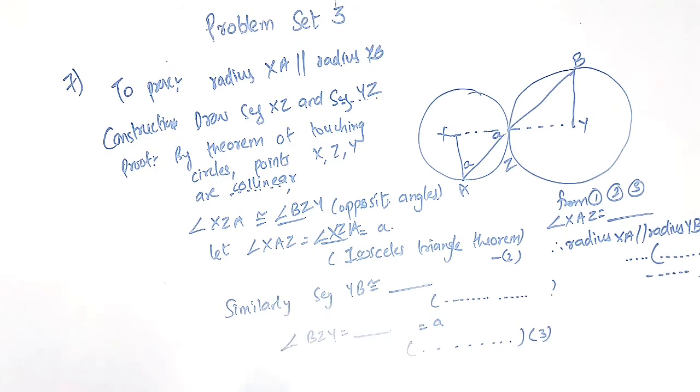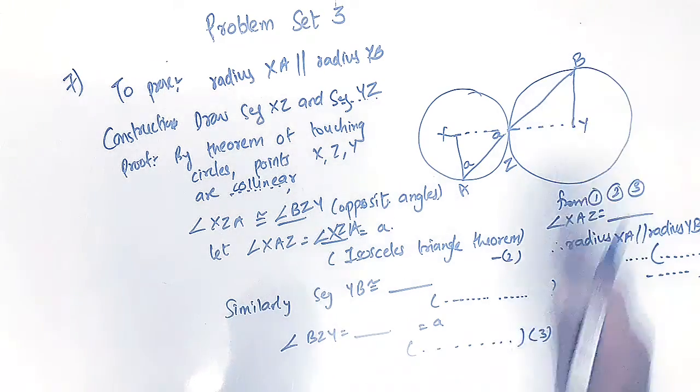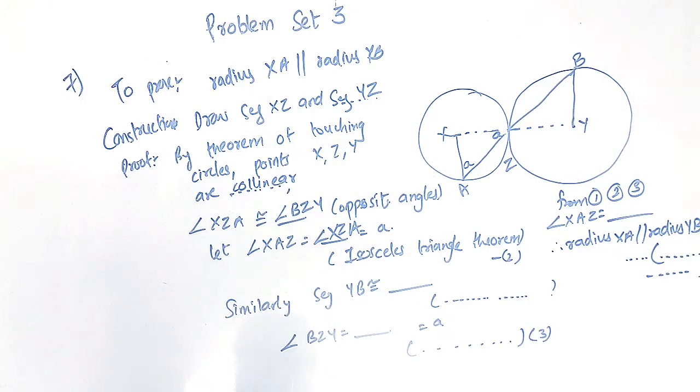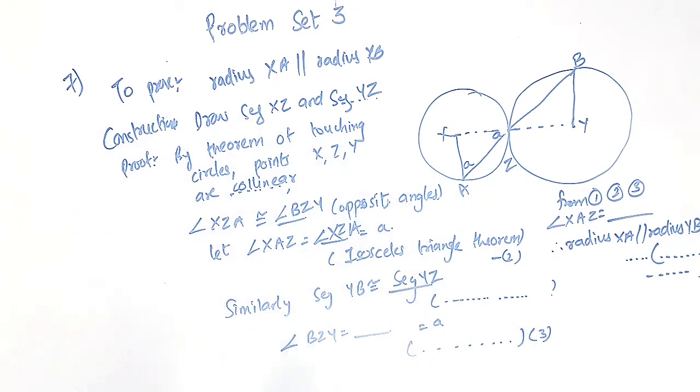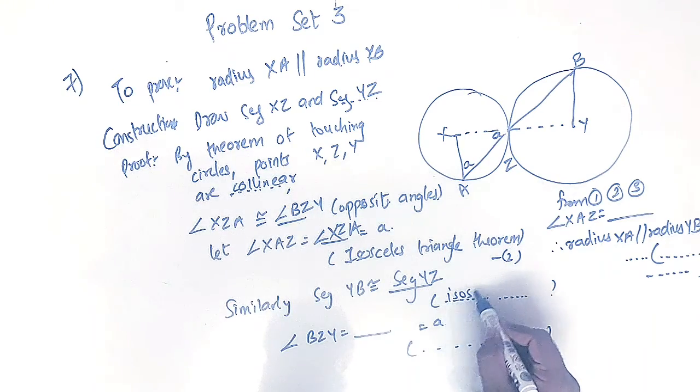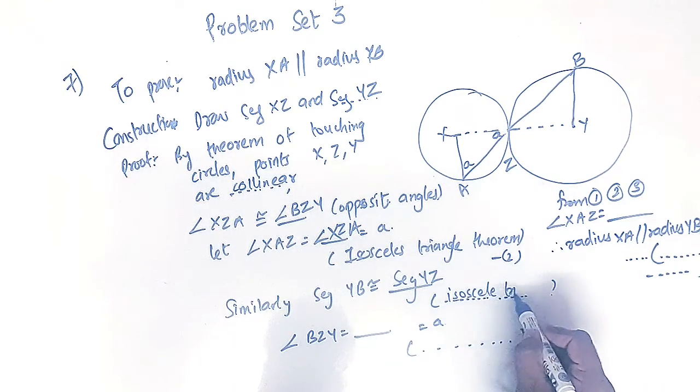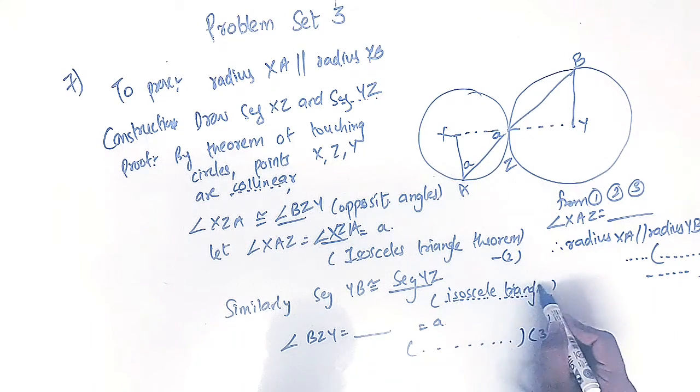Okay, and segment YB is congruent to segment, which segment? YZ. Okay, segment YB is congruent to segment YZ. What is the reason? I'll write here, isosceles triangle theorem.